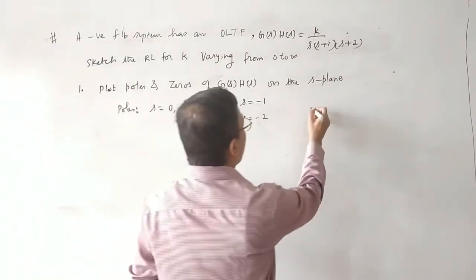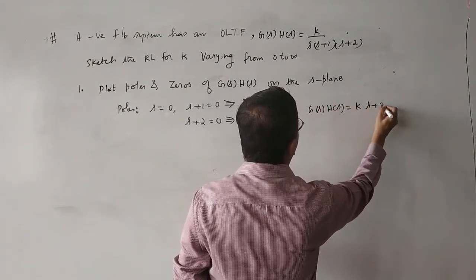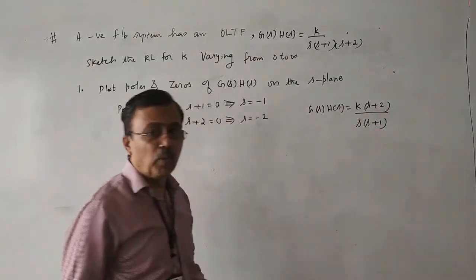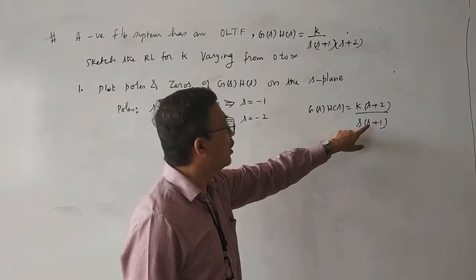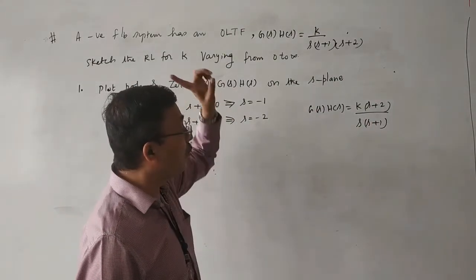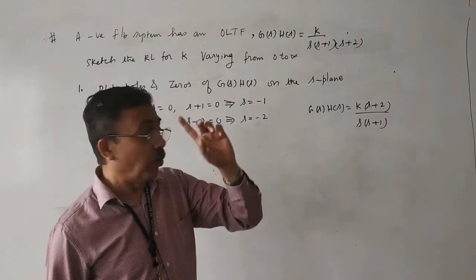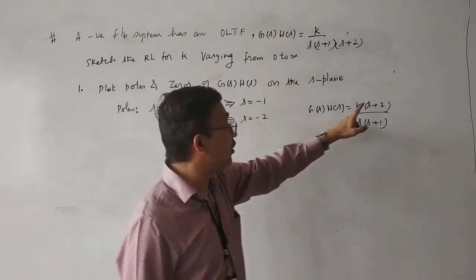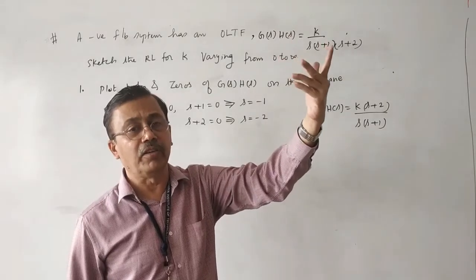I'll take one more example. G of s, h of s is equal to k into s plus 2 divided by s into s plus 1. How many poles are there now? Two poles. They are at s equal to 0, s equal to minus 1. There is one finite zero which is at s equal to minus 2, and one zero is at infinity, which is called infinite zero.